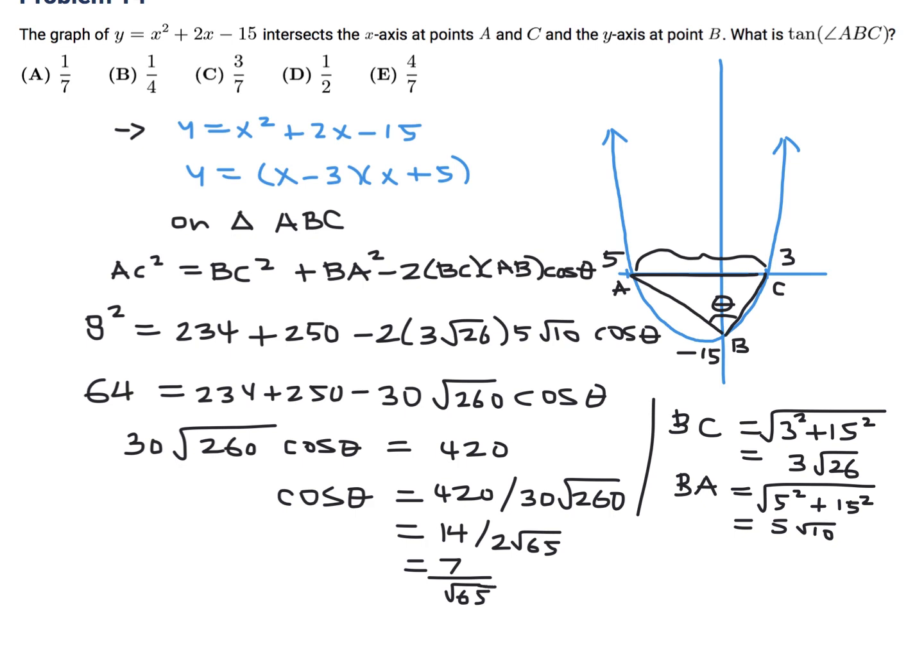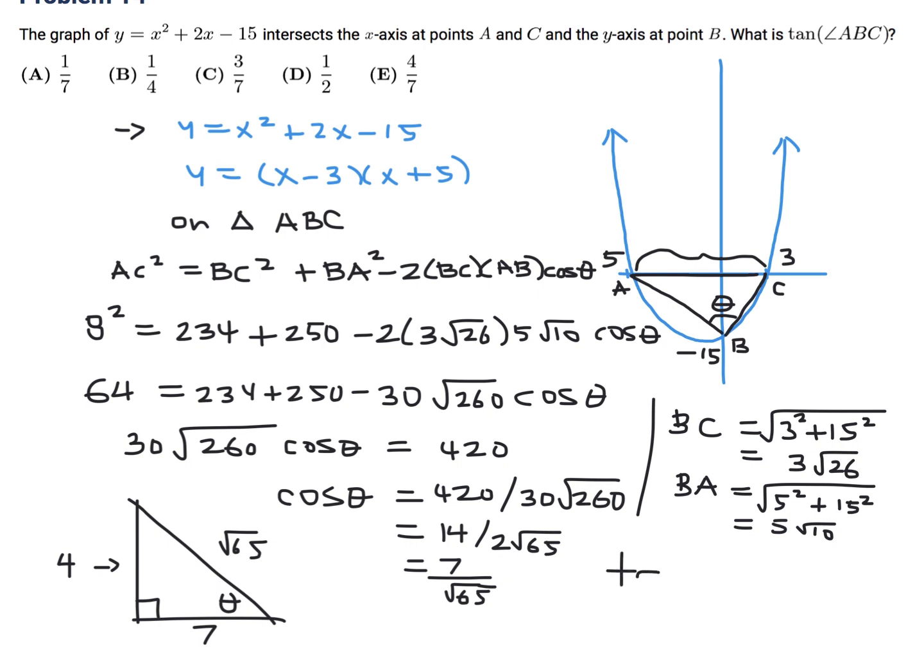Okay, so that means if we have a triangle, and this is theta, the cos is 7, which is adjacent, over the hypotenuse. So using Pythagoras, you can figure out this side is going to be 4. I'll let you do Pythagoras to figure out that side.